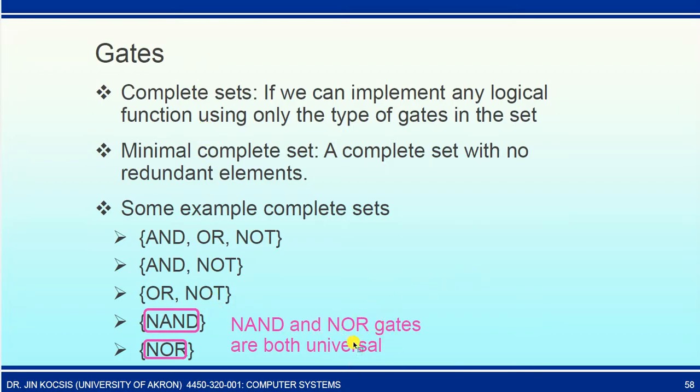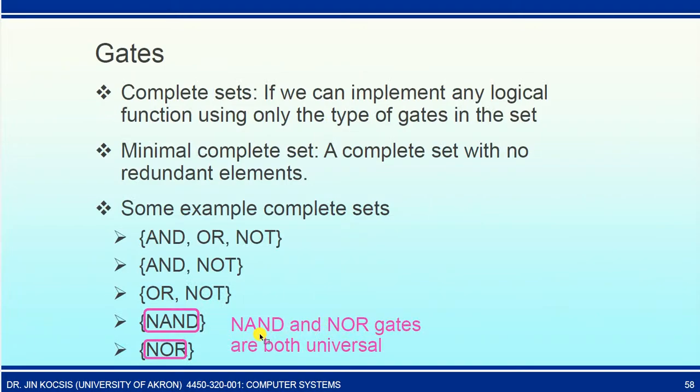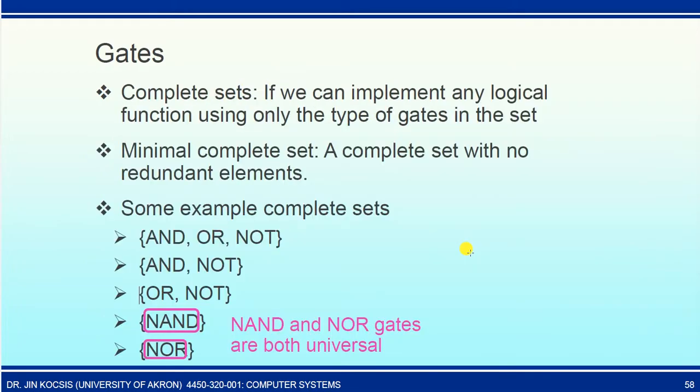So here, just to give a simple proof of why we call it a universal set, let me prove that I really can use this one gate to implement all the other functionality. One thing we all agree on is that and, or, not together is a complete set, although there is redundancy.